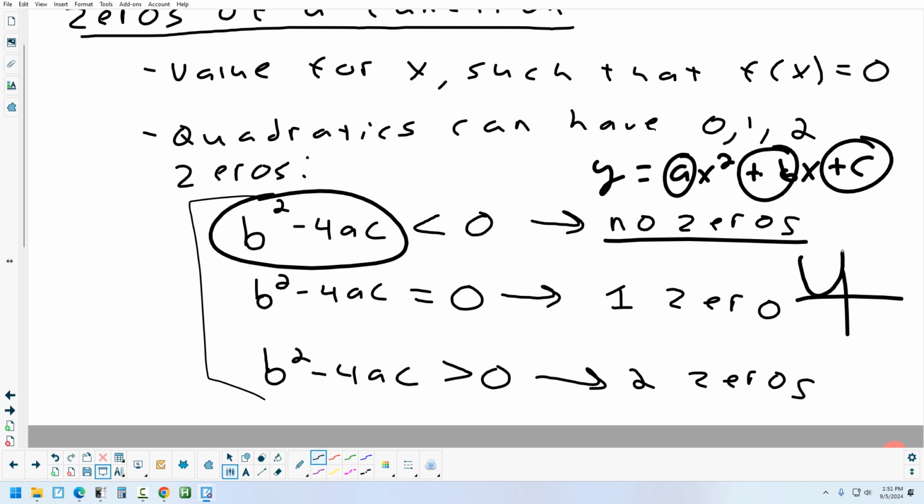It kind of looks something like that. And if b squared minus 4ac comes out bigger than 0, it's going to tell you that your graph crosses twice. What it doesn't tell you is where it crosses. If you want to know that, you have to do the whole quadratic formula. But if you just want to know how many times this graph would cross the x-axis, this calculation will quickly tell you that.